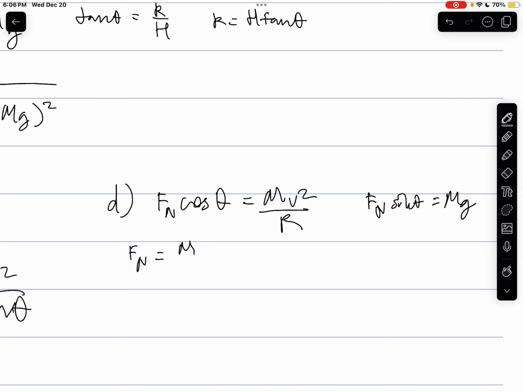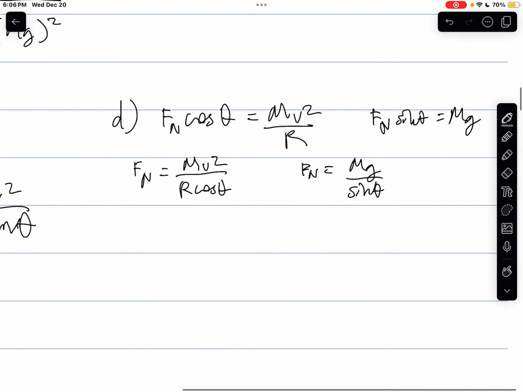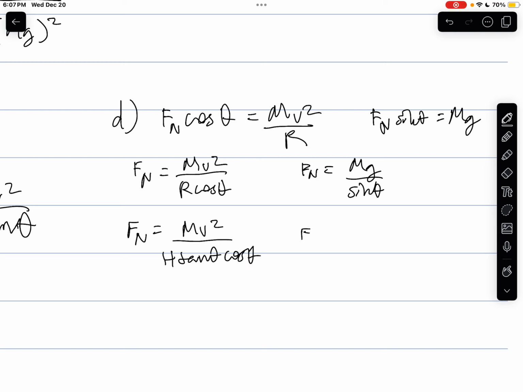So then since they both have an Fn, I'm going to isolate both sides for Fn. And I know r is h tan of theta, so I can put that in.